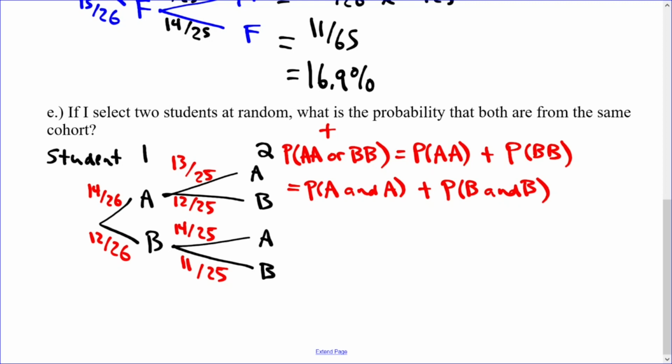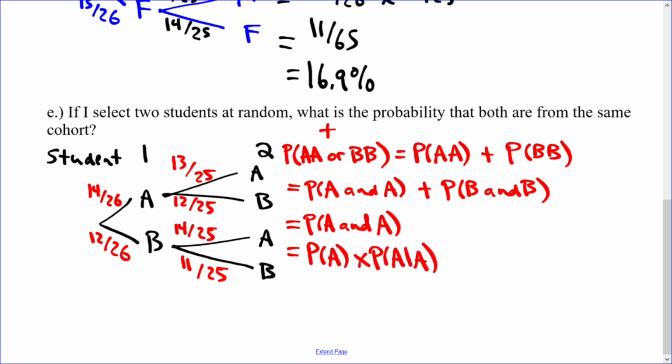So let's take a look at the next layer. Probability of being from A and A is equal to probability from A times probability of A given that it was A in the first place, plus probability of being from B and B. I guess I didn't change anything on this line.